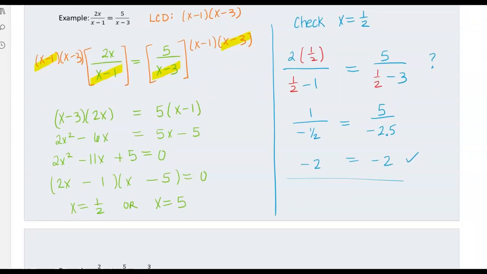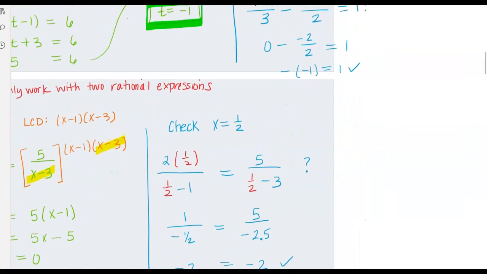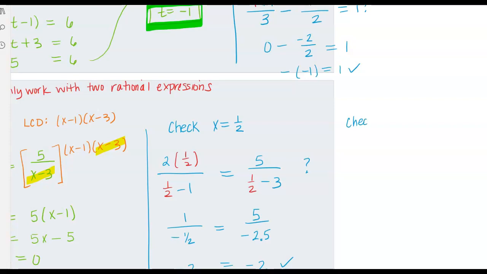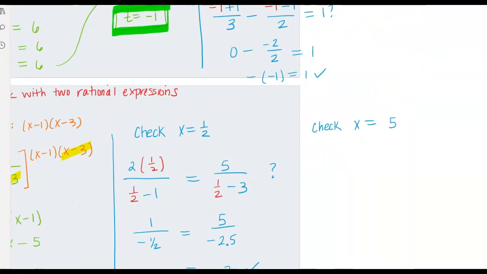Let's go over here and check x equals, what was our other answer? 5. So I'm gonna plug 5 in now for x.